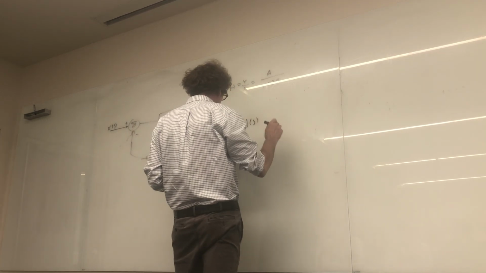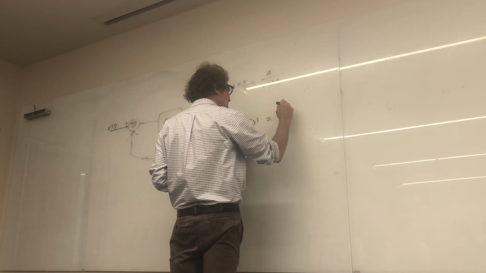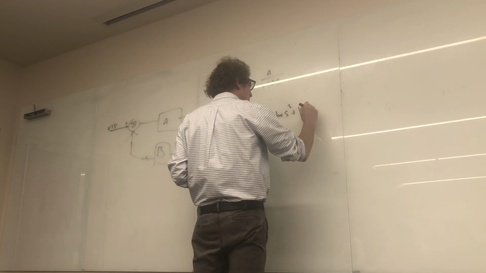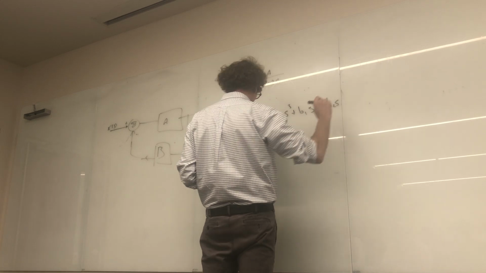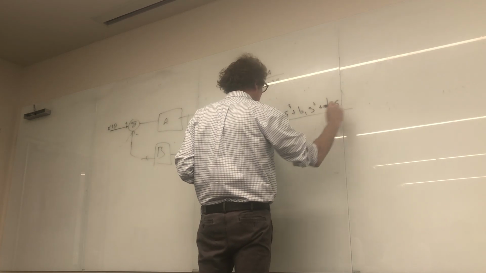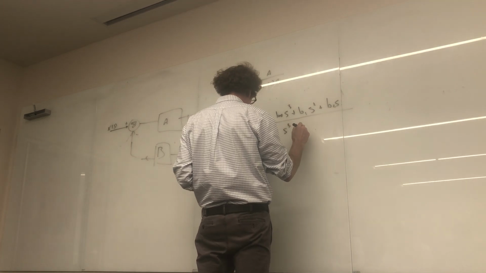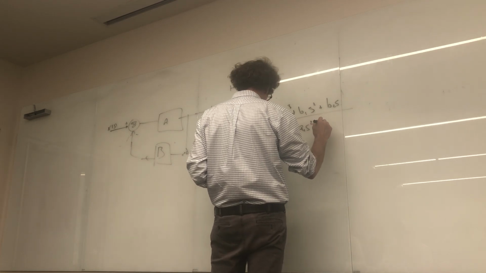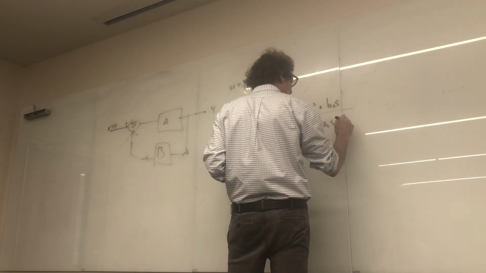Suppose it's equal to b naught s cubed plus b1 s squared plus b2 s. And we could keep going, but that's good enough for here. And downstairs you have s cubed plus a1 s squared plus a2 s plus a0.